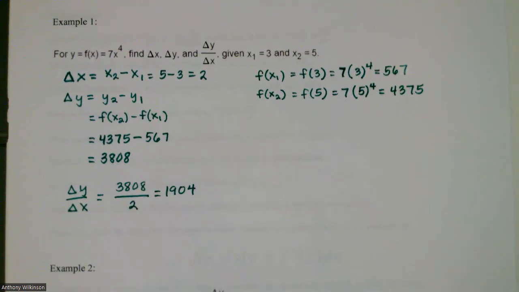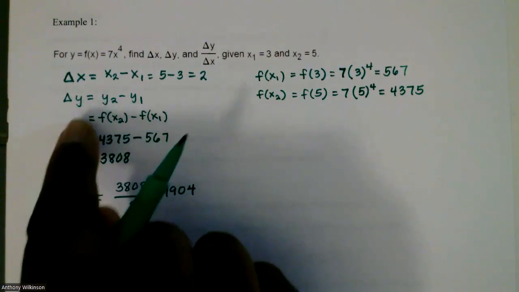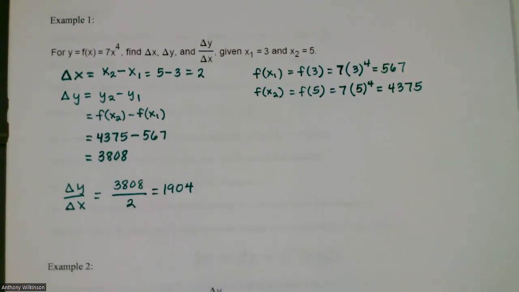So the change in y divided by the change in x will be 1,904 as the answer. And of course, delta x, the change in x, is 2. Delta y, the change in y, will be 3,808. Delta y divided by delta x, that's the change in y divided by the change in x, which is 1,904. So that's how we simplify that problem.